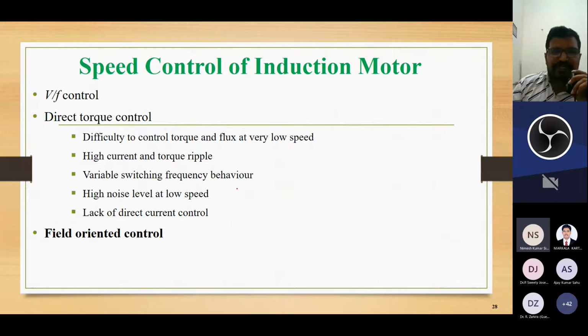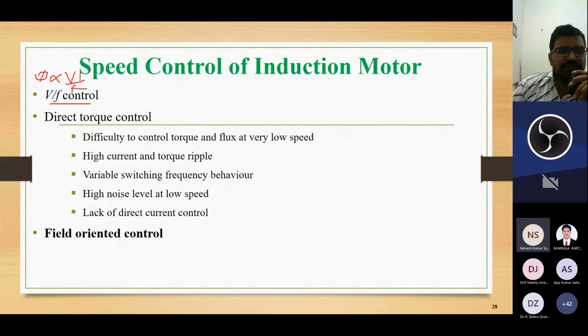So coming to the various speed control techniques of the induction motor. As we previously discussed, one of the available speed control techniques is V by F control, the basic voltage to frequency control, where the speed of the induction motor is controlled based upon V by F. The main point here is that the flux of the induction motor is proportional to V by F. In order to maintain the flux, we keep this value constant.